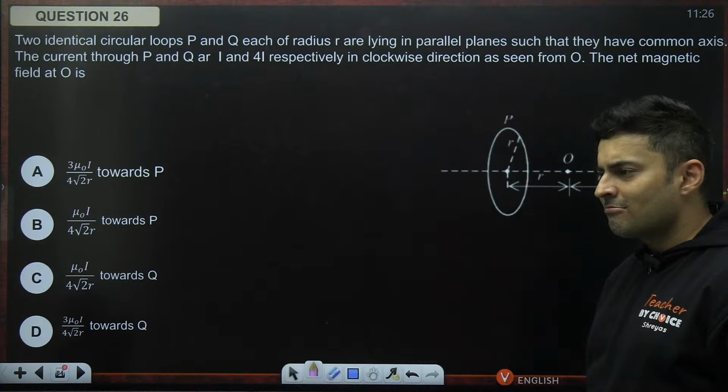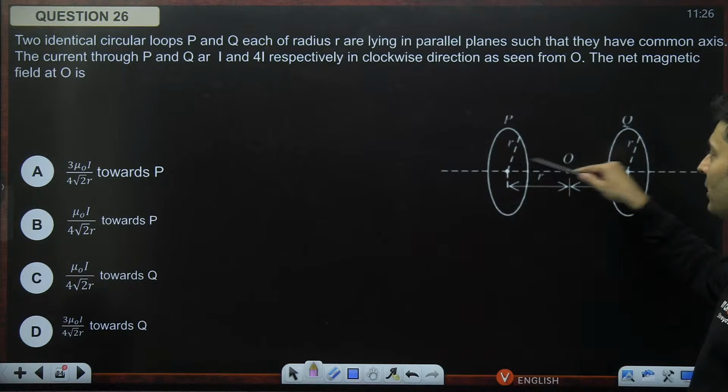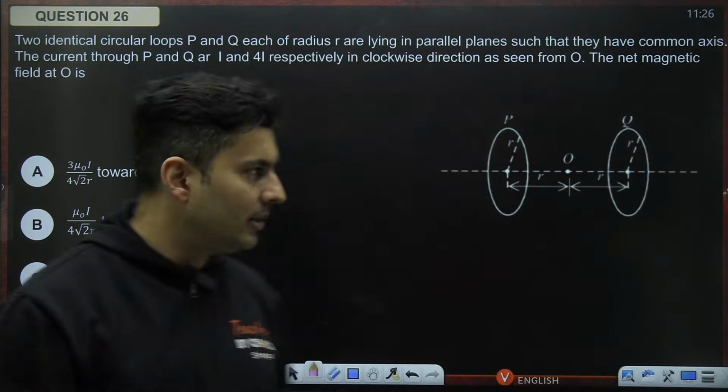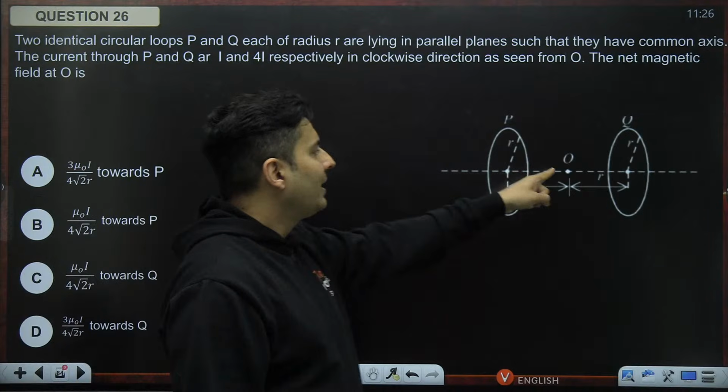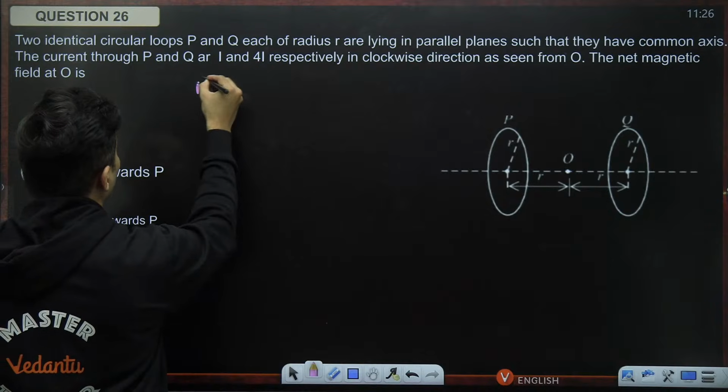This question is kind of a repeat, but also not a repeat. Usually they ask one loop. Here they have given two loops, and there is a big catch towards the end. First, the magnetic field due to this loop and this loop, we can find using the simple formula.